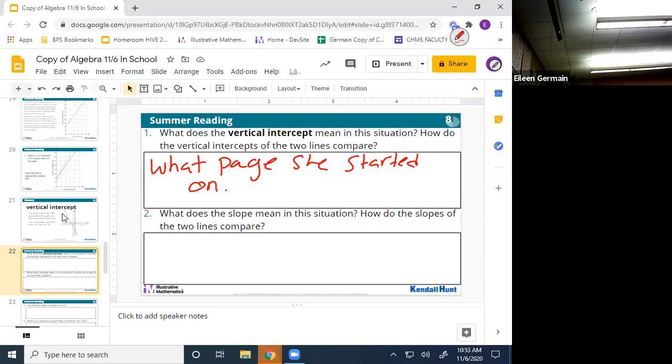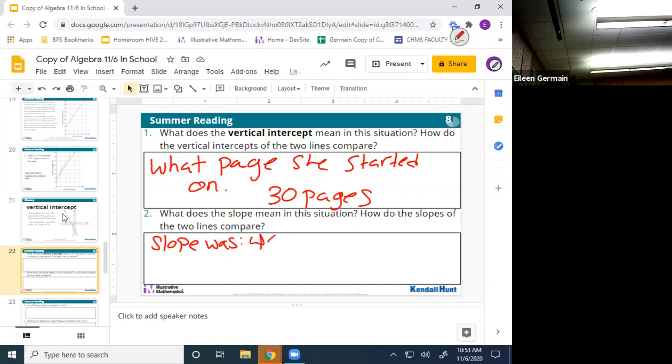And if we talk about the slope in this situation, what does the slope represent? The rise over the run. What does it represent in this story? Our y-intercept was 30 pages. Who can tell me what our slope value was? The rise and the run, Max, was what? 40.